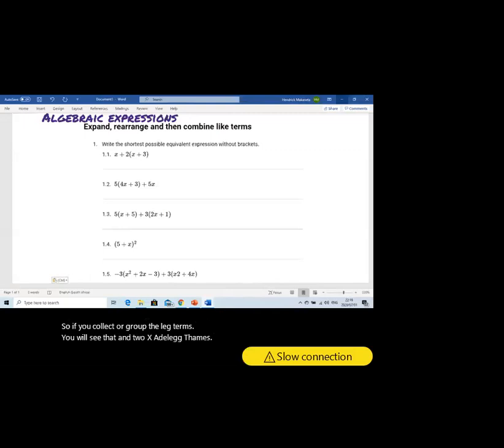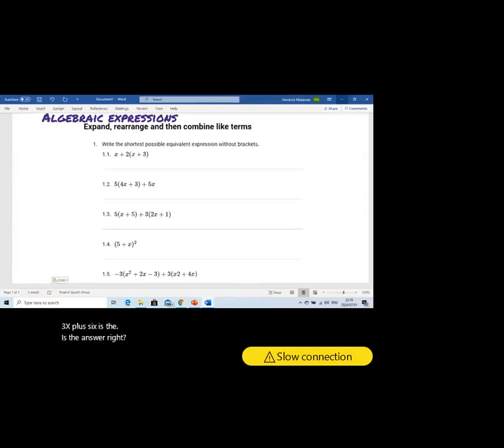Therefore, you group them together, x and 2x, they give you 3x. If you add x and 2x, you get 3x. So 3x plus 6 is the answer there, right?